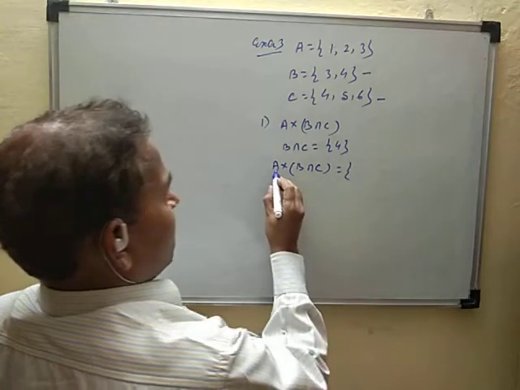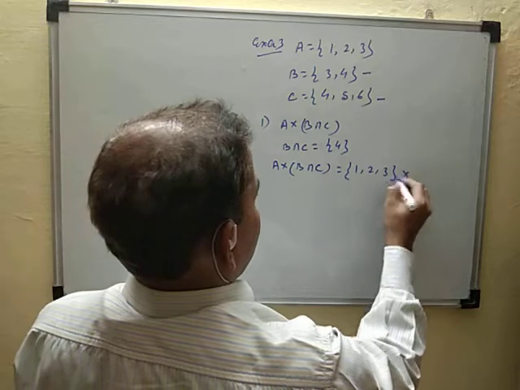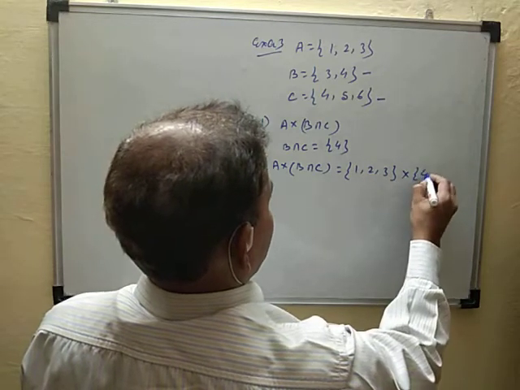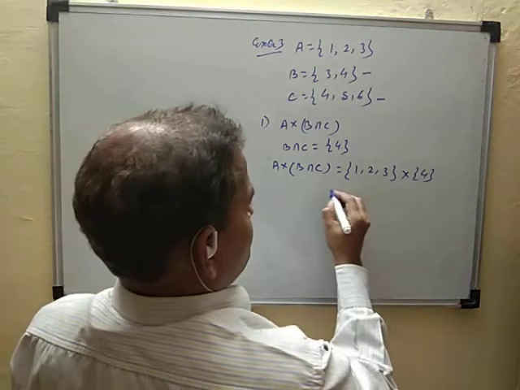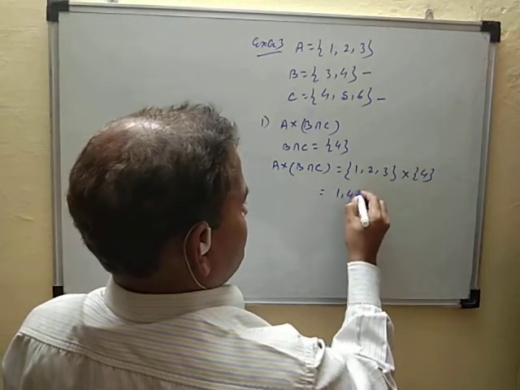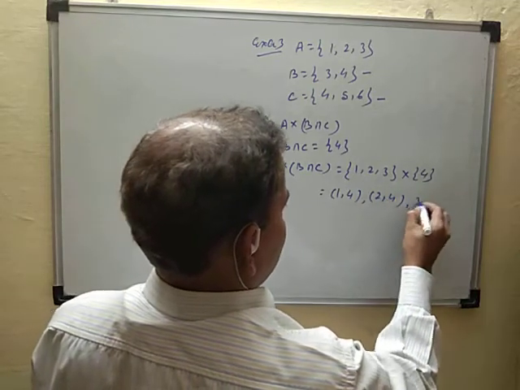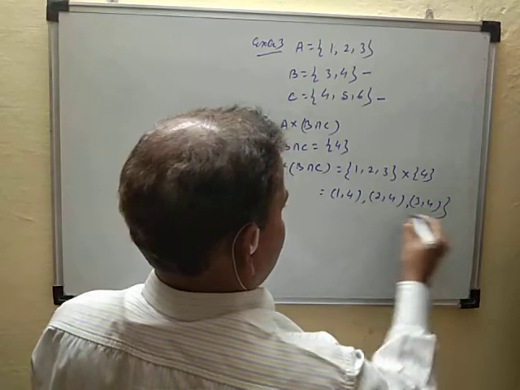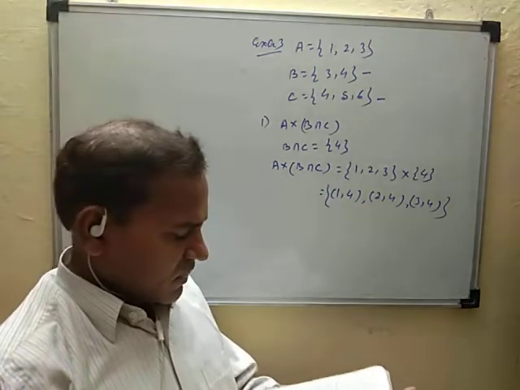What is A? 1, 2, 3 cross B intersection C, that is 4. So taking the cross product, that is (1, 4), (2, 4), (3, 4). This is A cross (B intersection C).